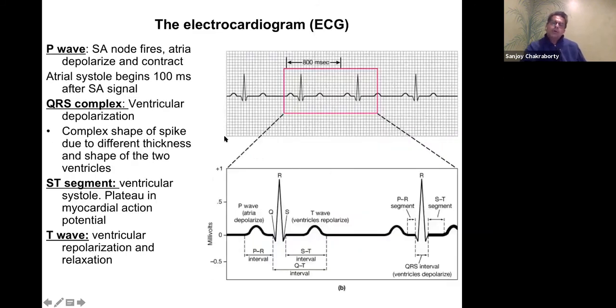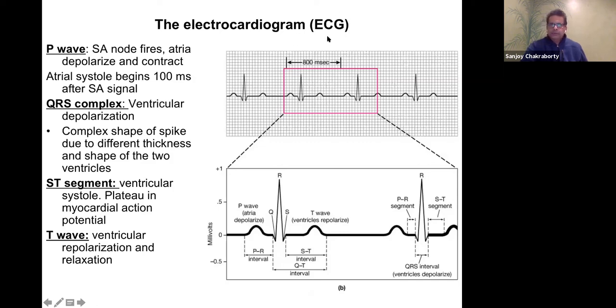So all this electrical signal is picked up by a machine and indicated as these wave-like structures, because depending on how the electrical signal travels, the machine can produce these deflection waves. These are called deflection waves. They are recorded on a graph paper. We call them electrocardiogram or ECG.